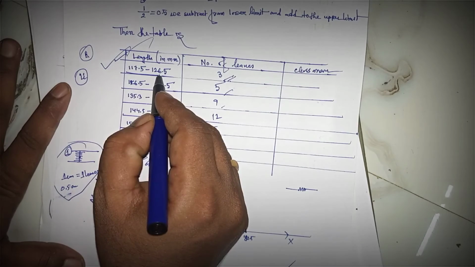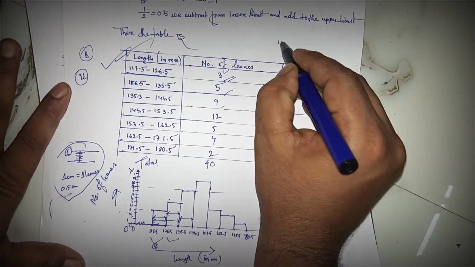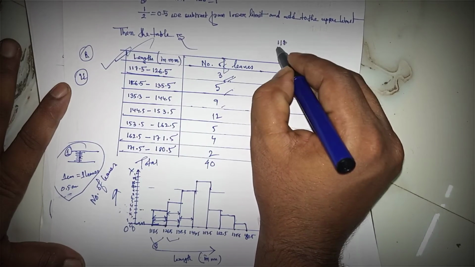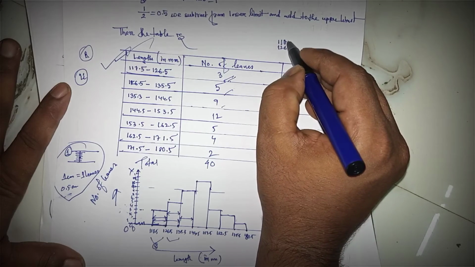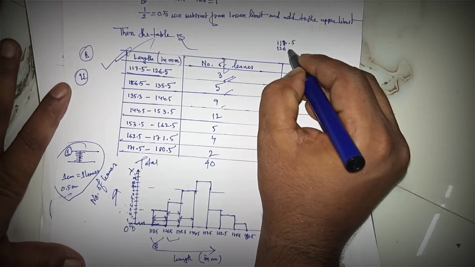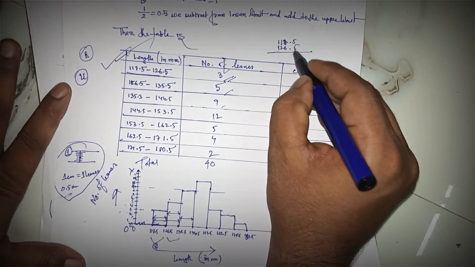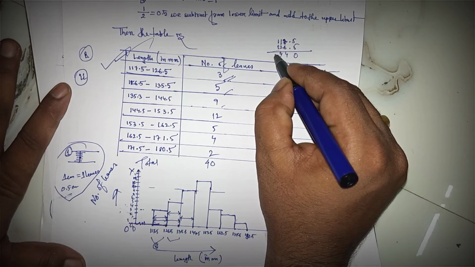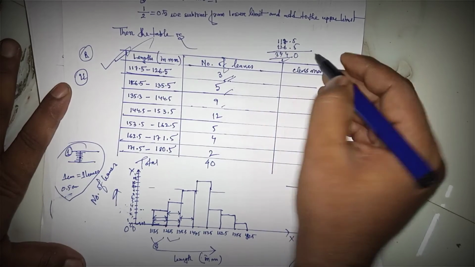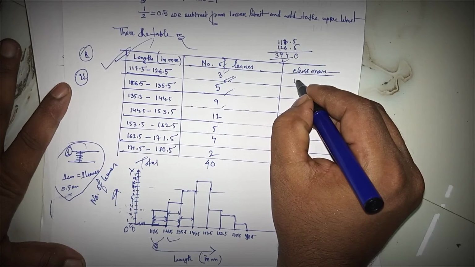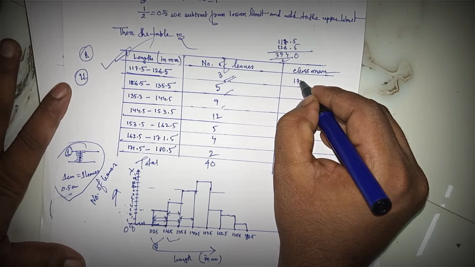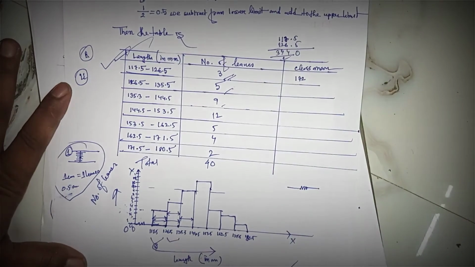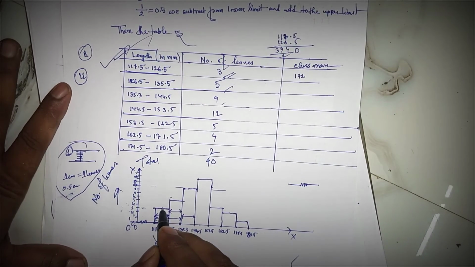So the class mark of each and every interval is this one plus this one, divided by 2. So 117 and 126.5, and so on, divided by 2. So 172. So 172, that means the middle point.